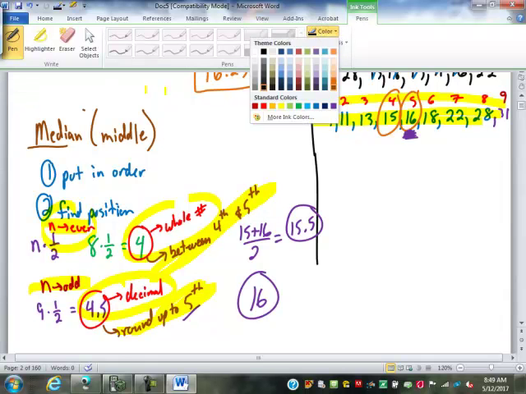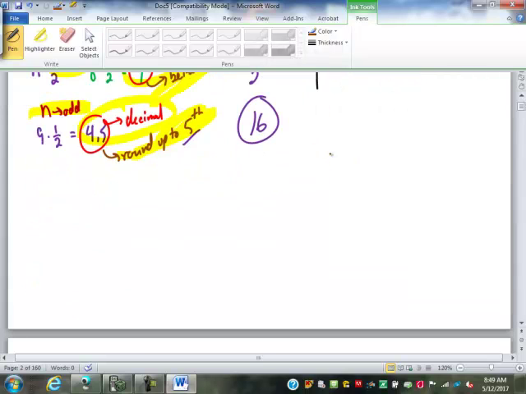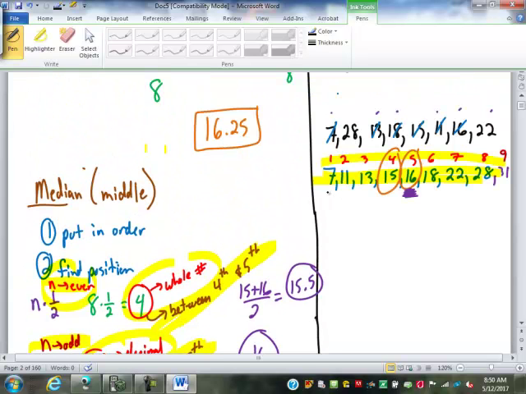Our third measure of center is something called the mode. The mode is the number that occurs the most often. Well, if you look in my set of numbers up here, no number appears more than once. So there would be no mode here.